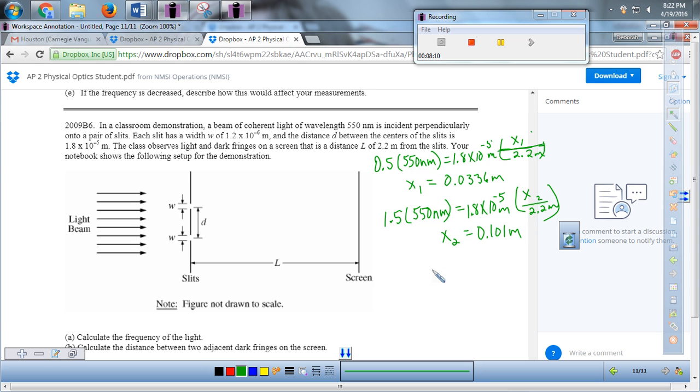So the distance from x1 to x2 is going to be 0.101 meters minus 0.0336 meters. So that y, that we call that value usually, is going to be 0.067 meters. That's what Part B wanted me to find. Okay, and then Part C said, oh, there wasn't a Part C, so we're done. Yippee skippy!